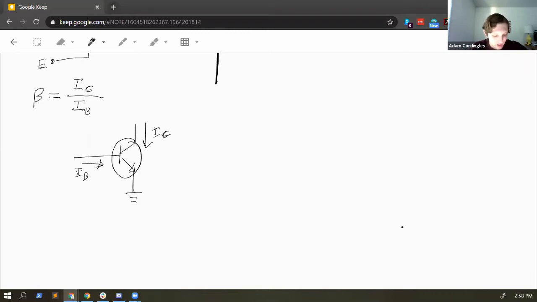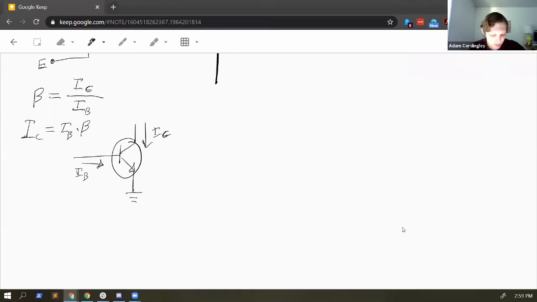So you can see that my I collector equals I base times this beta number, which is, let's say, 100. So if I want 1 milliamp flowing into my collector, then I only need 10 microamps flowing into my base, which is great. So there the BJT acts like an amplifier in that sense.